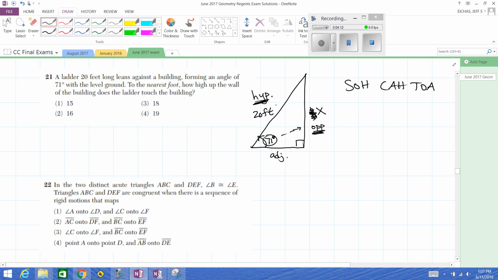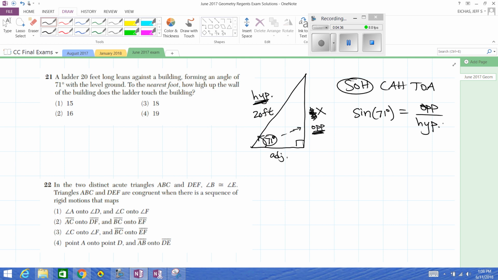So opposite hypotenuse is going to be sine. So sine of 71 degrees equals opposite over hypotenuse. Now, I try to teach my students these mechanics. I think that they're optional, of course. You can do it however you want. But I like going this way.